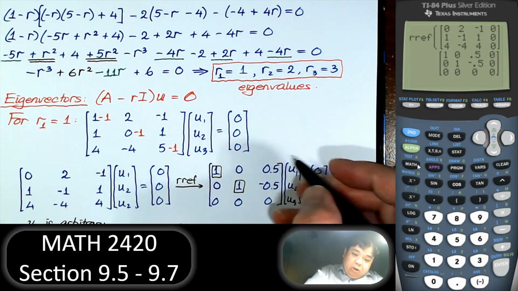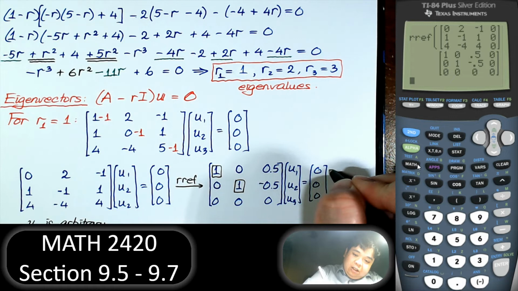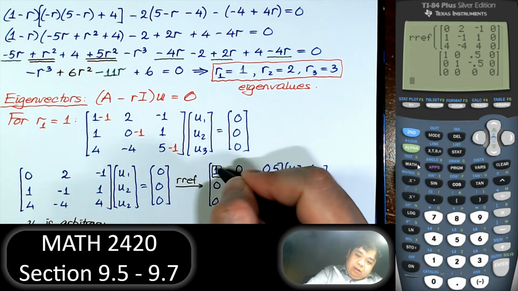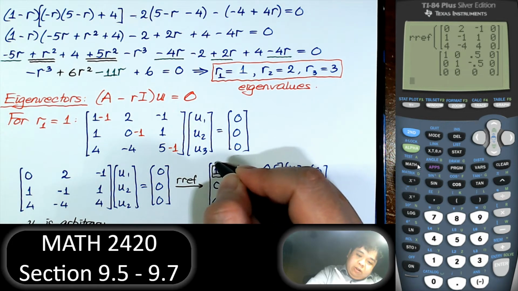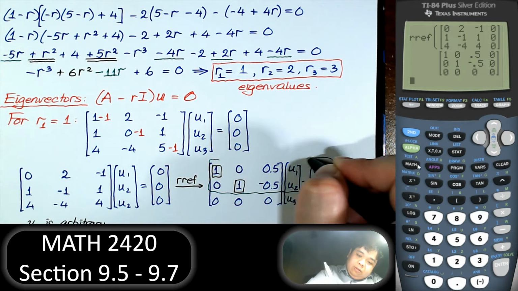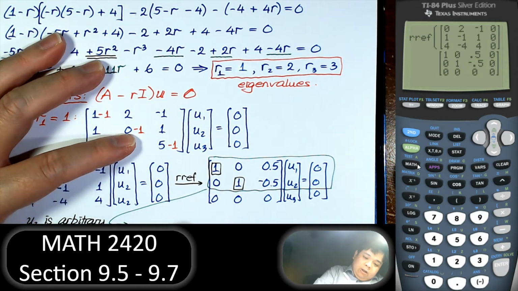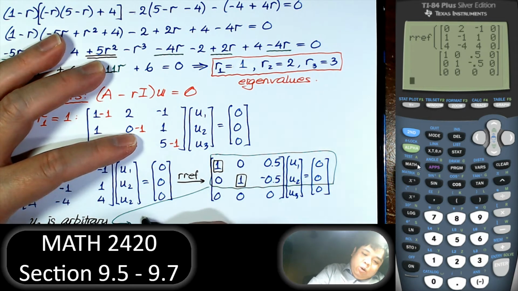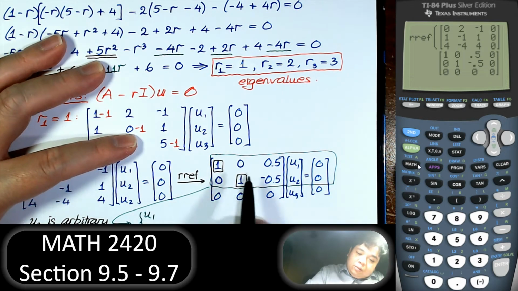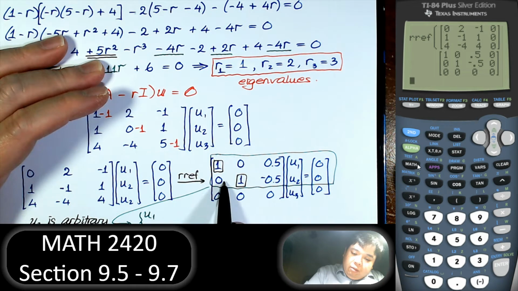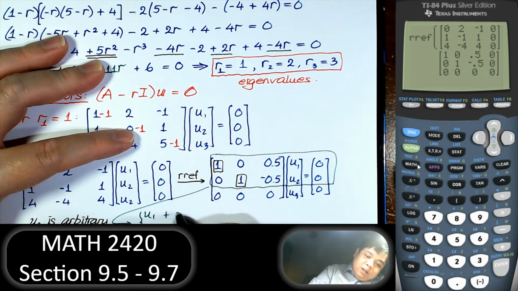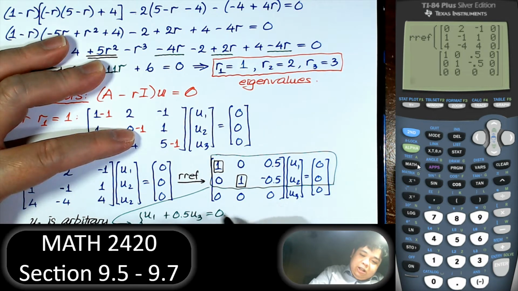And then from the top equation we can write U1 plus 0.5 U3 equal to 0, right? The first row. The second row we have U2 minus 0.5 U3 is 0.